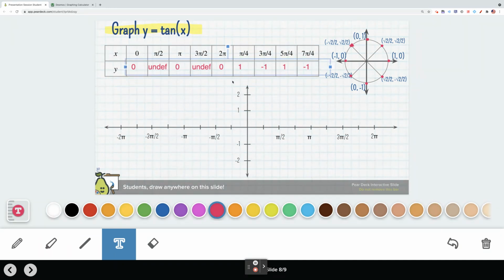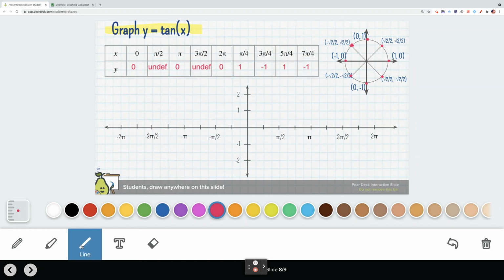I've got a whole bunch of things I can do to get me ready to graph this tangent curve. First thing I want to do is pay attention to these undefined places. From my prior knowledge with graphing rational functions, remember, when you divide by 0, you get what's called a vertical asymptote. These are the undefined places of x.